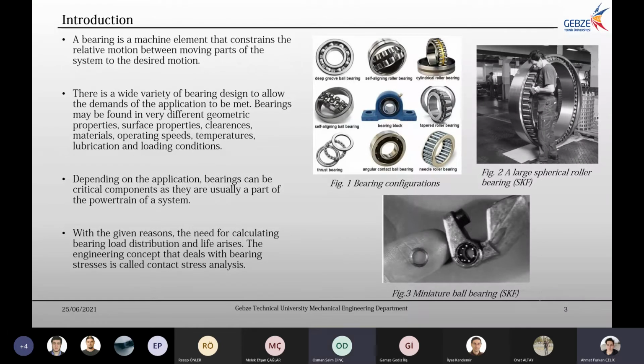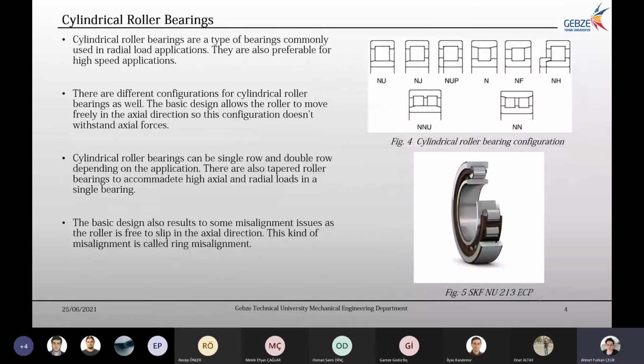That's why bearings must be considered carefully. Their loads and their life calculations should be made carefully. And I will be investigating the cylindrical roller bearings, which have different types. I will be investigating the NU type of cylindrical bearing, the basic configuration. Well, I should be investigating that because I will be investigating misalignment.